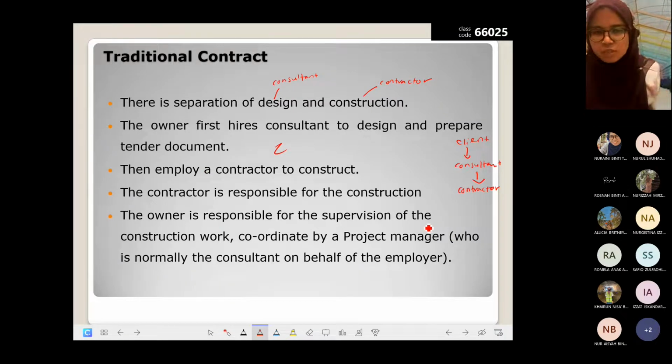Owner is responsible for the supervision of the construction work. Coordinated by the project manager, normally is the consultant on behalf of the employer. So kalau dalam kontrak JKR akan jadi SO lah, superintending officer, on behalf of the client. Okay, so yang ni is a traditional contract.